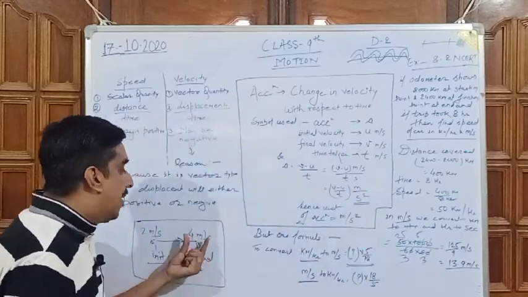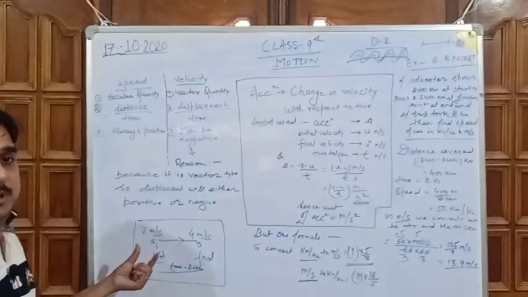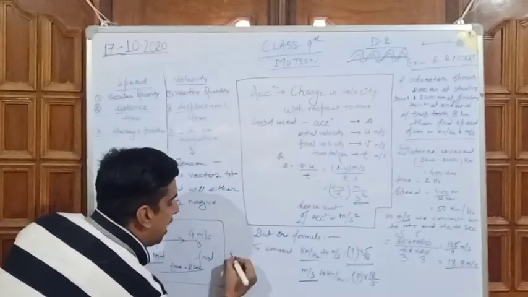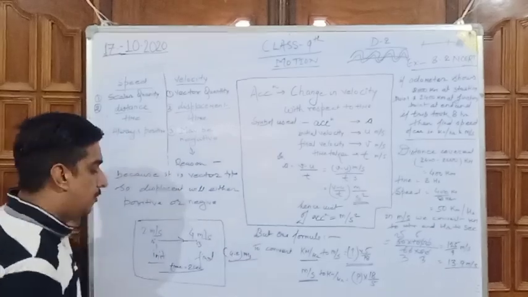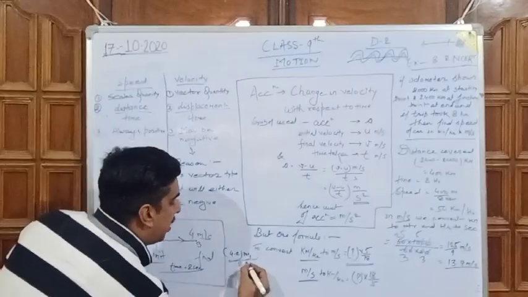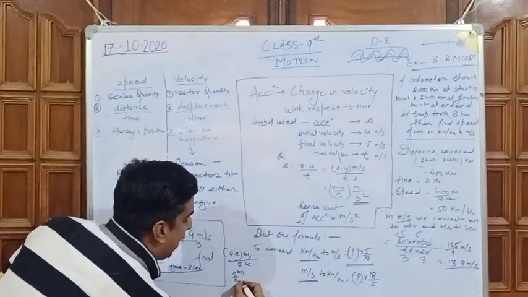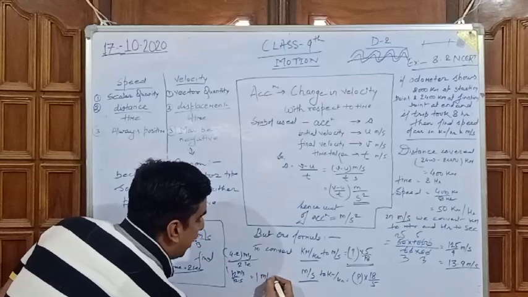The final velocity is 4 meters per second, initial is 2 meters per second, so we find the difference: 4 minus 2 meters per second by the total time taken. What is the total time taken? 2 seconds. So 2 meters per second by 2 seconds, which is 1 meter per second square.